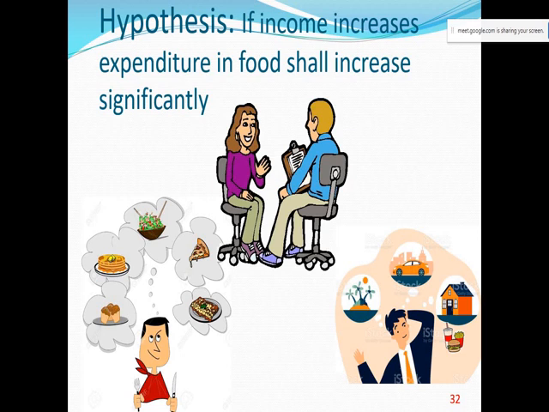The amount of increase in food items will be relatively less or relatively negligible. That means after the study, I rejected my hypothesis that if income increases, expenditure on food shall increase significantly. That is what I found at the end of the study. So at the end of the study, I might reject my hypothesis. This is what happens with a hypothesis.